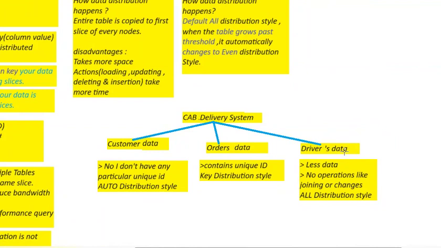So in this way, based on your need and the expectation of your business, you need to prefer a particular distribution style which is highly preferable and best suited for your need. I hope you understood this video and analyzed which type of data distribution style is used to store your data in Redshift clusters.